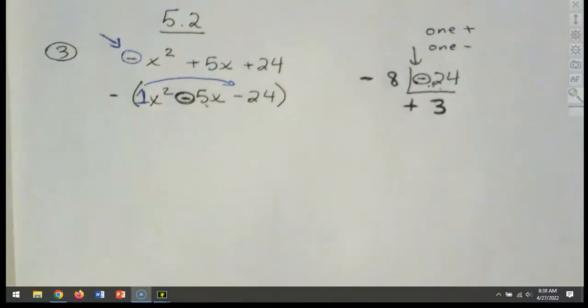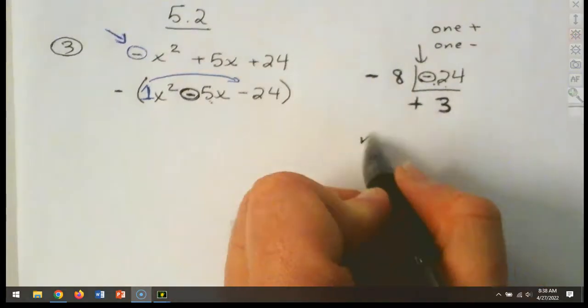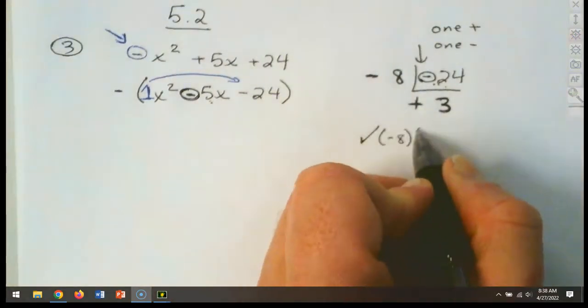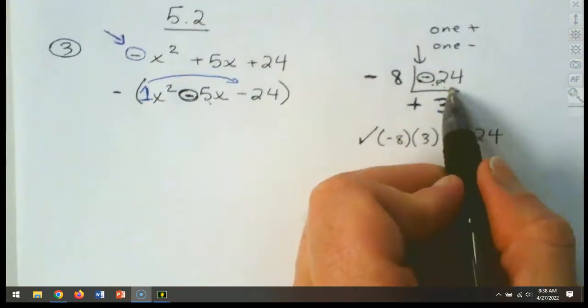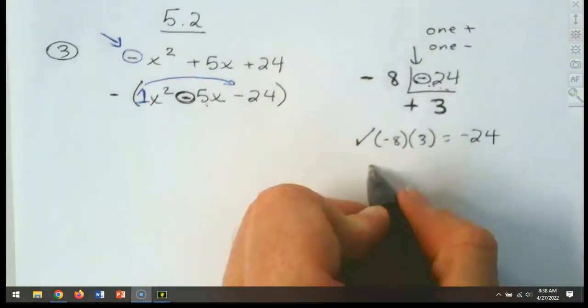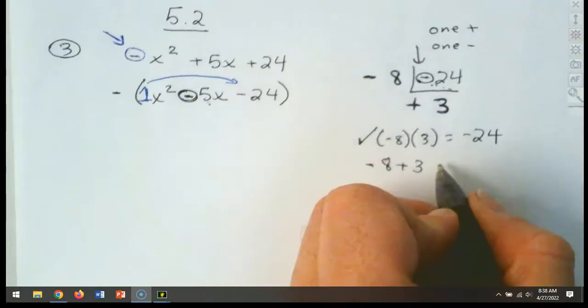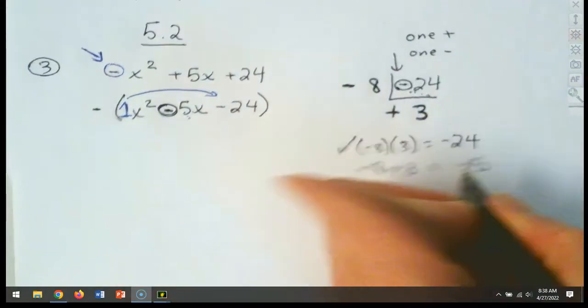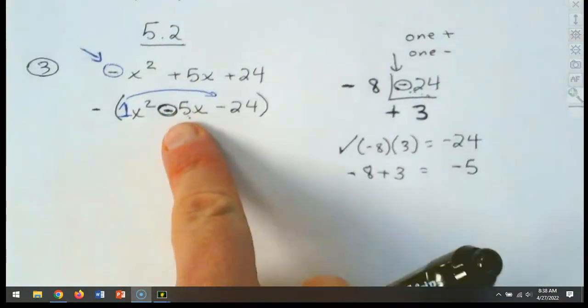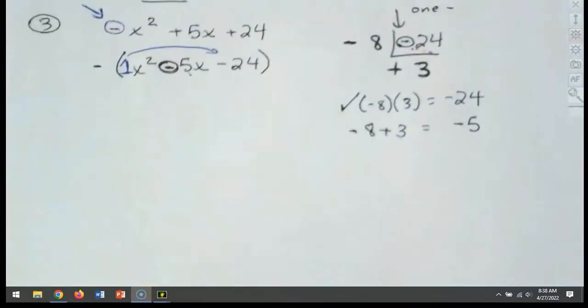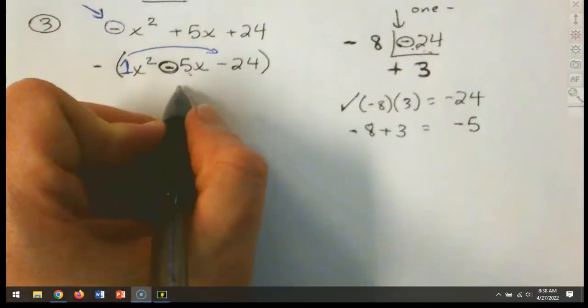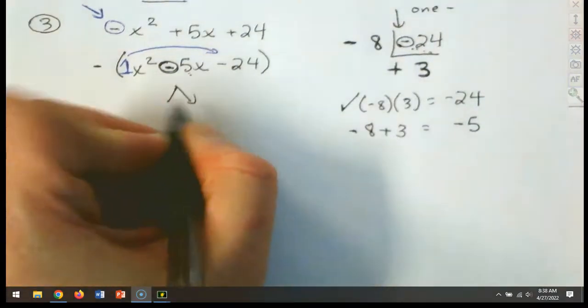How can we check? Well, negative 8 times 3, negative 24. That's the number in the box. Minus 8 plus 3, negative 5. That's the number in the middle here. So we know then that we have it ready to be broken up and factored by grouping. So now we can go ahead and split this up.